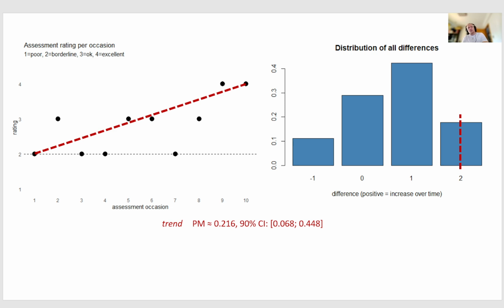Now, in the video that I shared last week, I proposed that if this 90% credible interval is entirely below 0.5, we can speak of a notable trend. In this case, it's a positive trend because the point estimate is positive. So this interval is entirely below 0.5. That's why we say yes, this change of 2 ranks is a notable change in light of the whole distribution.